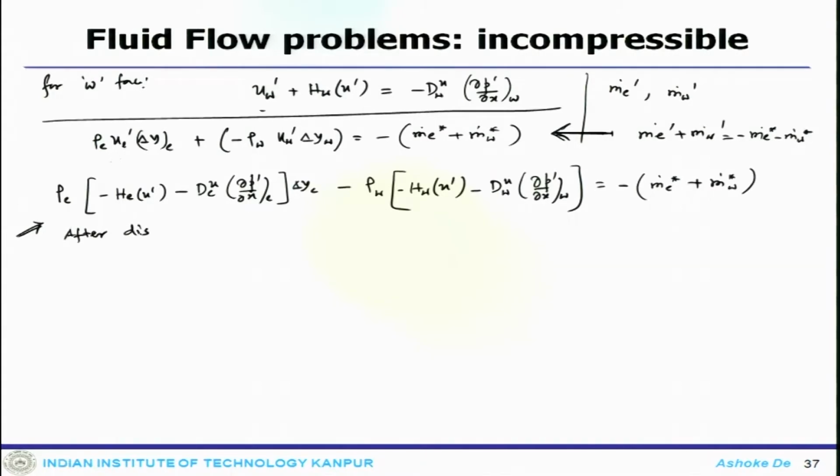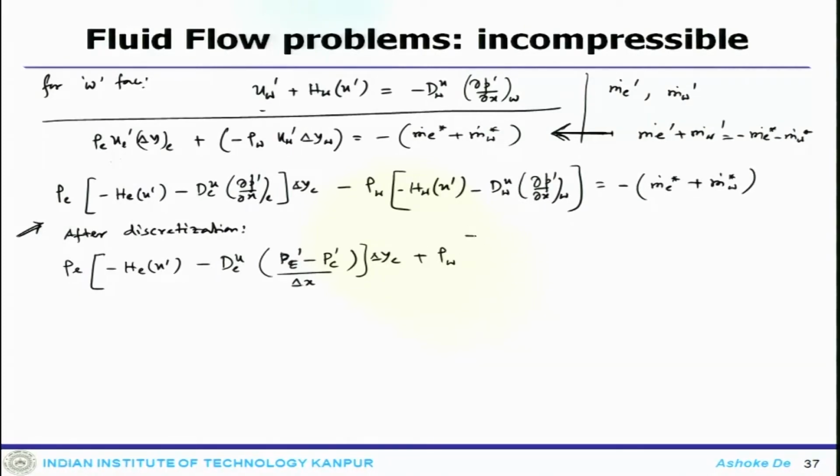So, after discretization, what one can obtain is rho e, minus h e u prime minus d e times p e prime minus p c prime divided by delta x, multiplied with delta y e, minus rho w.